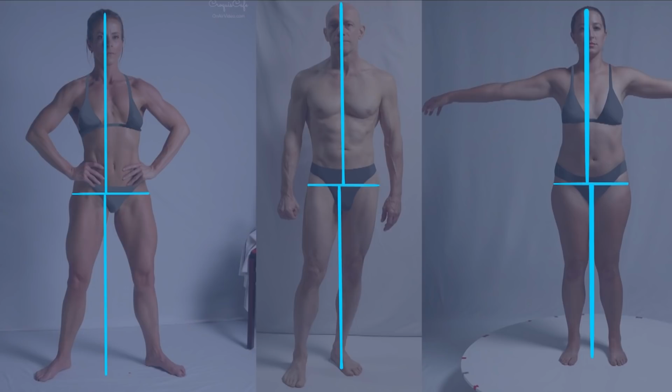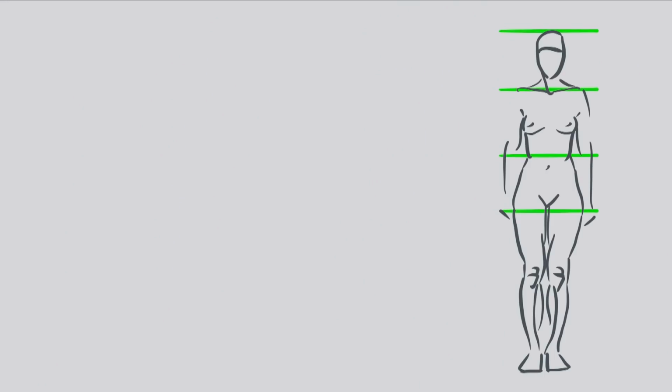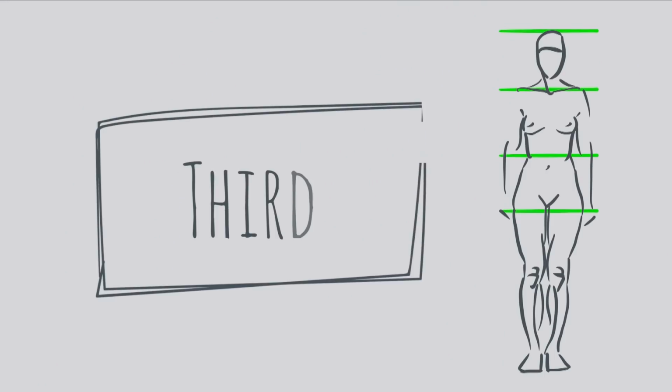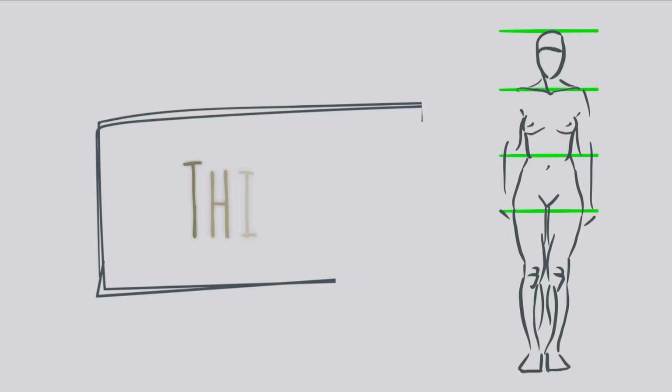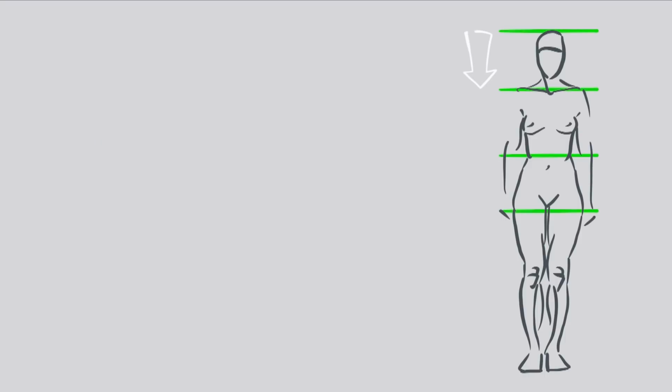If you keep making the legs too short on your figures, this could help start to fix that tendency. Another really useful system is the thirds for the torso. From the top of the head to the collarbones is roughly similar to the collarbones to the bottom of the rib cage, and the bottom of the rib cage to just below the crotch. So you can kind of split the head and torso into thirds.